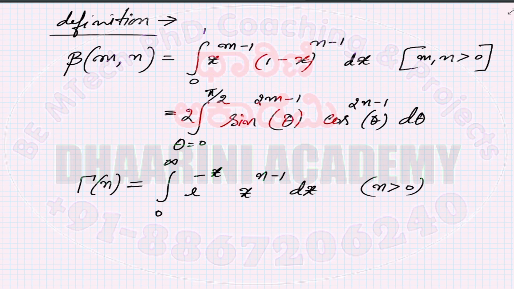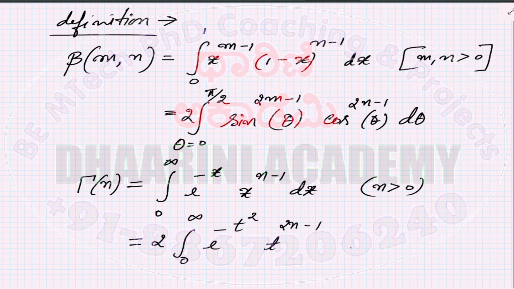All right, now this can also be written in a different format. This is 2 times the integral from 0 to infinity of e to the minus t square into t to the power 2n minus 1 dt. So these are the two formats using which we can define the gamma function.